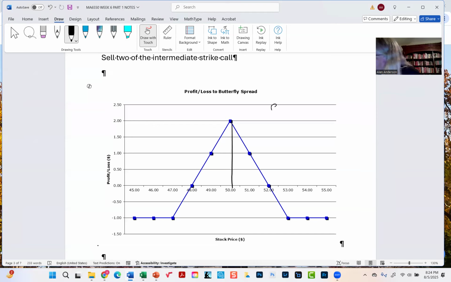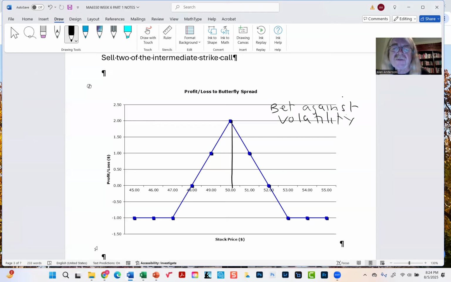So think of this as a bet against volatility. In other words, we're betting that the stock price stays right where it is at 50. We're assuming, by the way, I didn't mention that, that the stock price is currently at 50. So we're saying, listen, we think it's going to stay there, or at least very close.